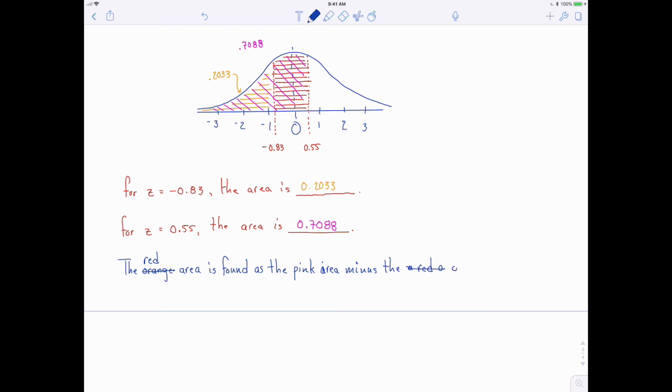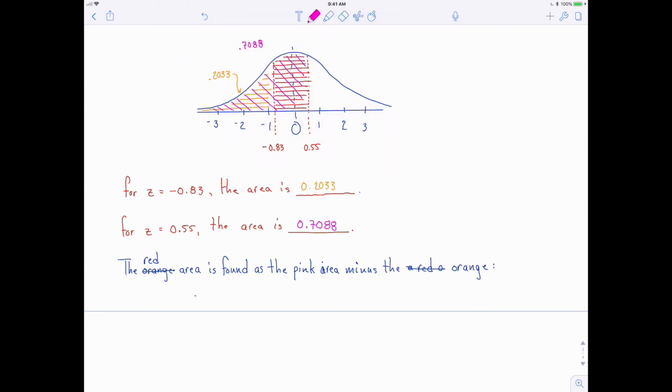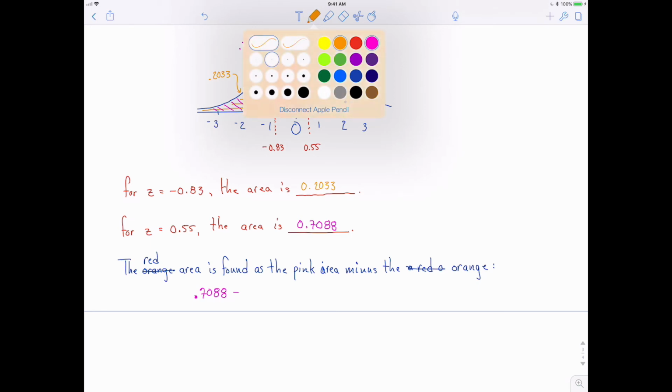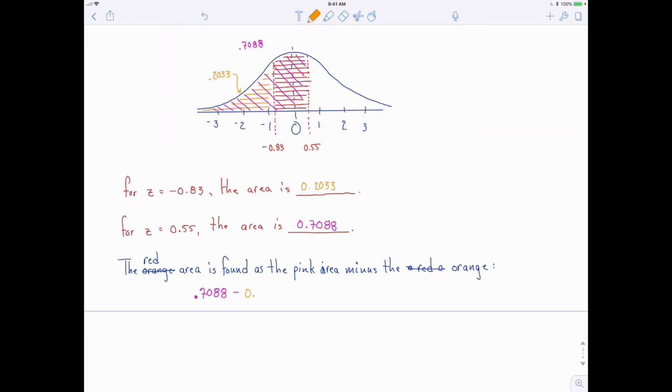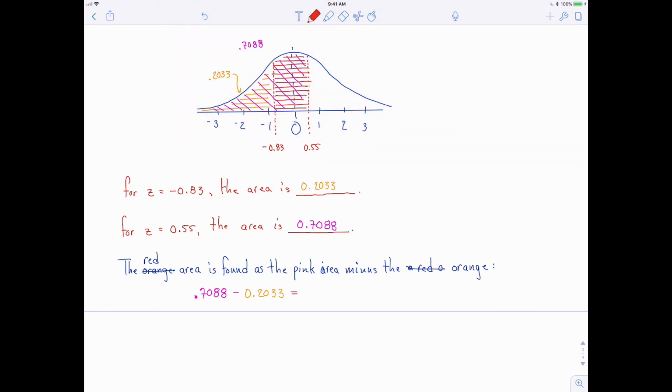Oh, I made a mistake. All right, here we go. So we're going to take the 0.7088. We're going to subtract from that the orange, and the orange is the 0.2033, and the result will be the red area, and that's what we want. So the red is going to be 0.5055.